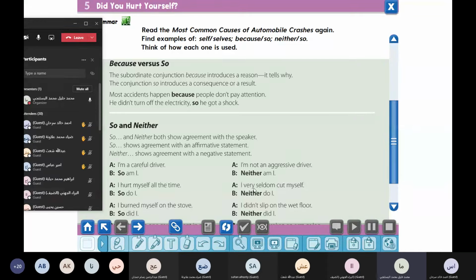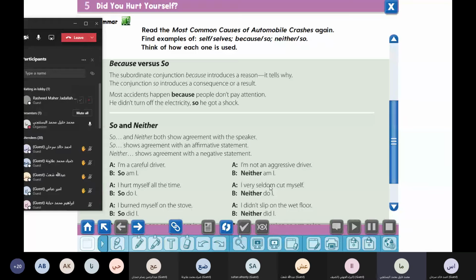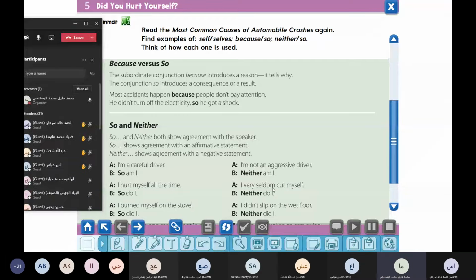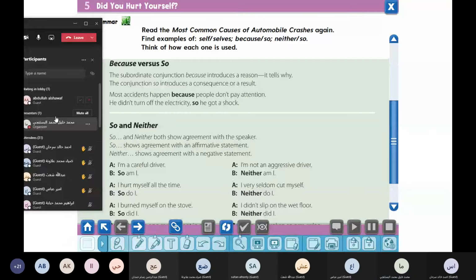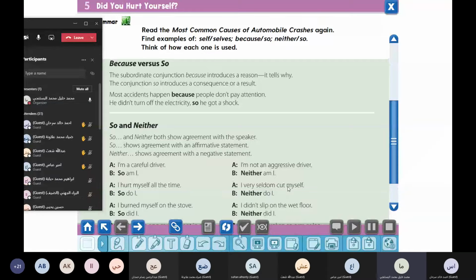Okay, now who can read the second? I very seldom cut myself. Neither do I. Good. Here we have simple present. I very seldom cut myself.